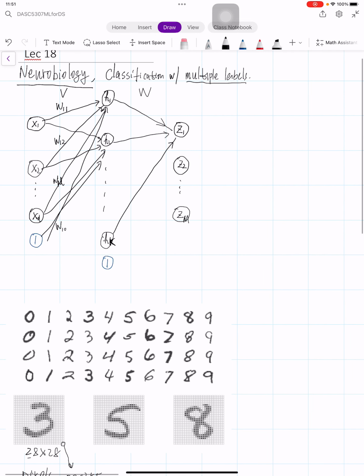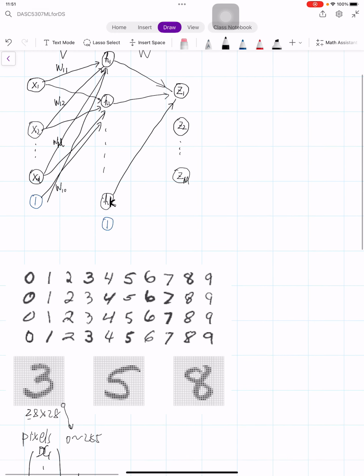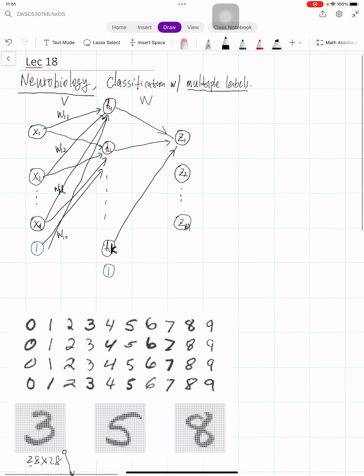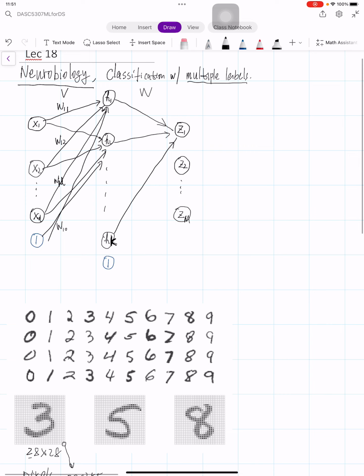The number of hidden nodes you can decide. The output is the probability for each digit from 0 to 9, right? So each z represents the probability of getting a given label, maybe 0 for the first, up to the last, so in this case m equals 10.